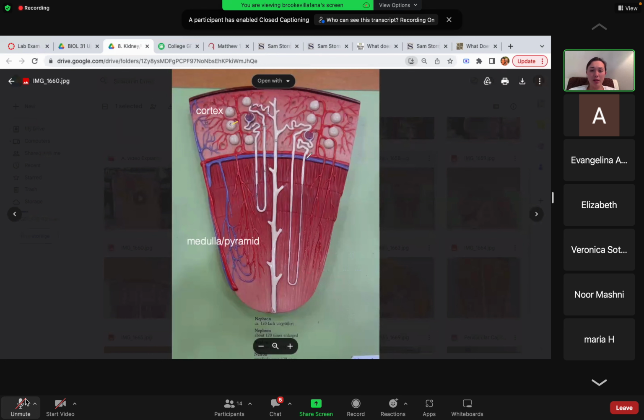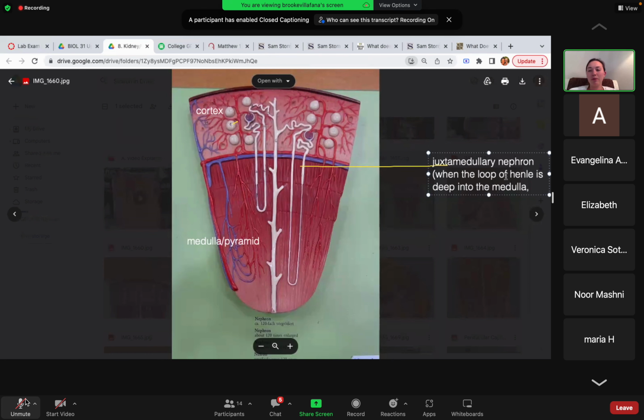Now, there's nephrons here, right? We have our nephron, which is the functional working unit of the kidney. There are two different types of nephron. There is what's called the juxtamedullary nephron, which is this one. Juxtamedullary nephron is basically when the loop of Henle is deep into the medulla.